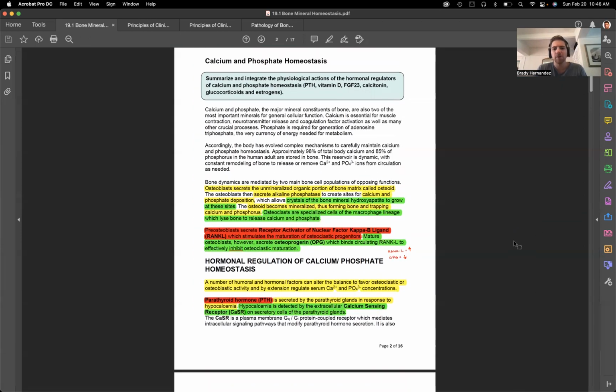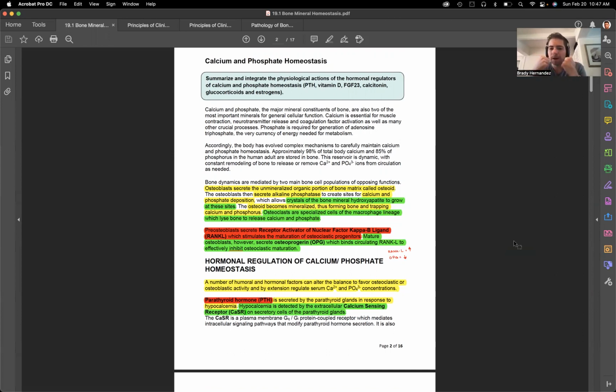You know about parathyroid hormone. Now, let's just go over it real quick. So vitamin D, once it's activated in the kidney to 1,25 vitamin D, goes to the cell. It's a nuclear receptor. It goes to the cell, and you're able to pull in calcium and phosphate from the gut. Okay, so increased calcium and phosphate.